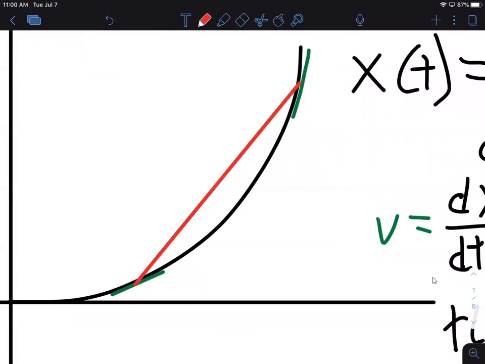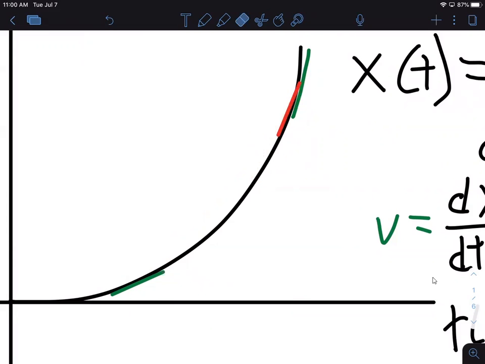So okay, what if we pick two points that were even closer to each other? Well, yeah, this slope is looking much closer than this one. And okay, let's keep continuing that process. What if I do these two points that are really close together? And you can see that slope is even closer to the tangent line at that point.